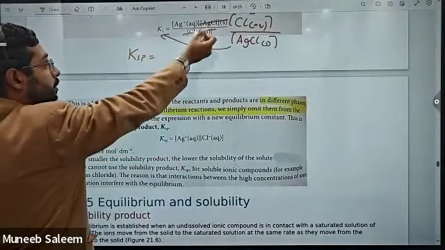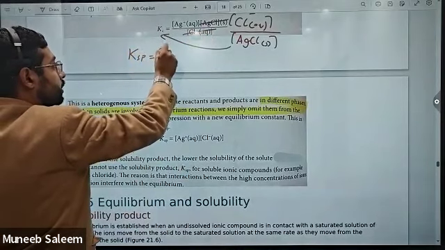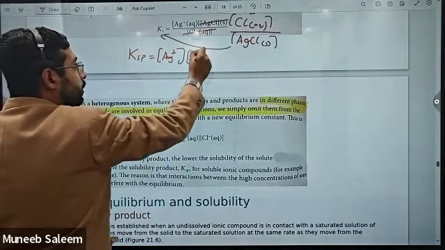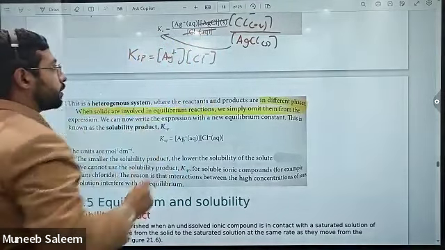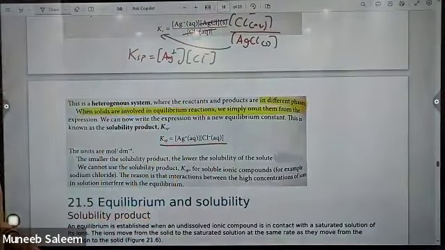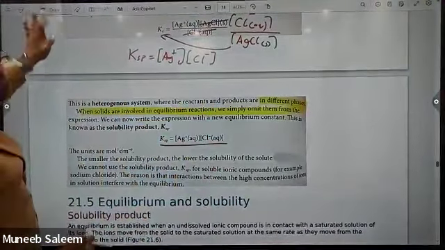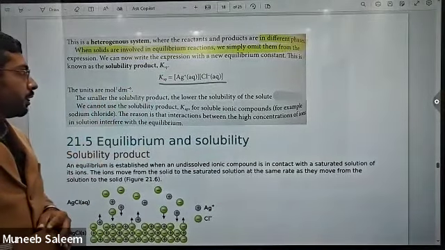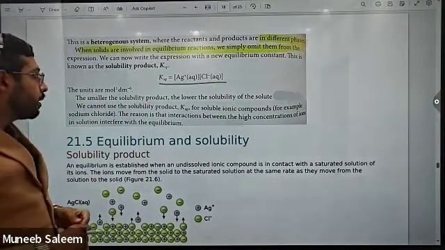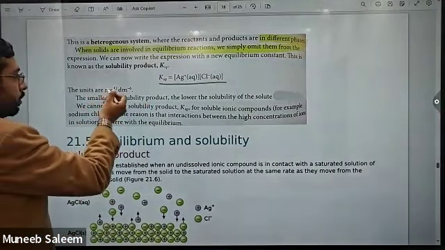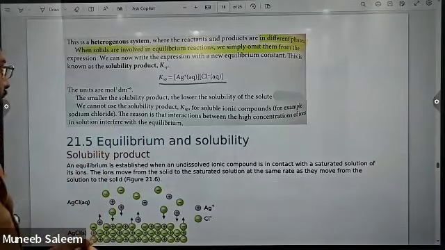So Ksp will then be equal to the concentration of the Ag ions multiplied by the concentration of the chloride ions. That is what is done here. Ksp is equal to Ag ions concentration times chloride ions concentration. For this case, the units of the K will become the square of mole per dm cube. So that's why we have mol squared dm to the power minus 6.